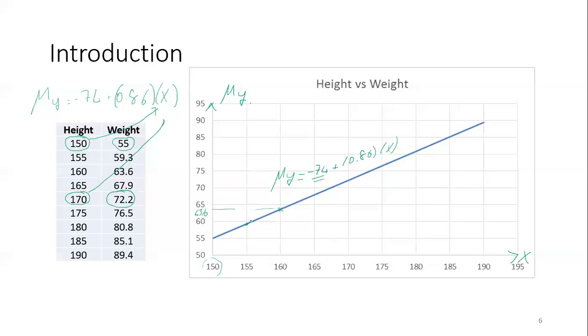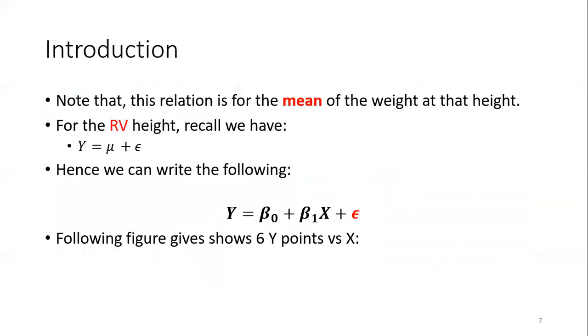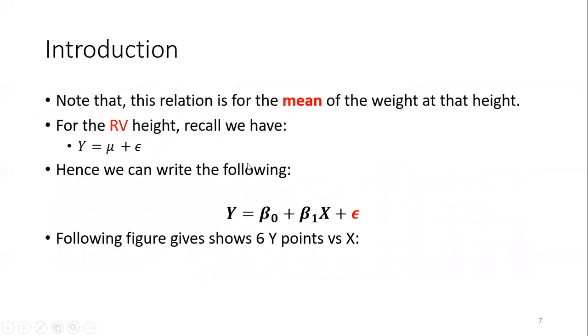If this is 155, then you have almost 59.3, and so on and so forth. Again, note that this is for the mean of the weight. So this is the relation between the mean of the weight and height.